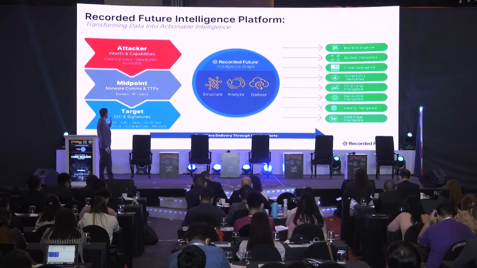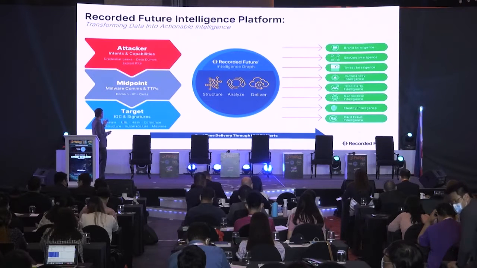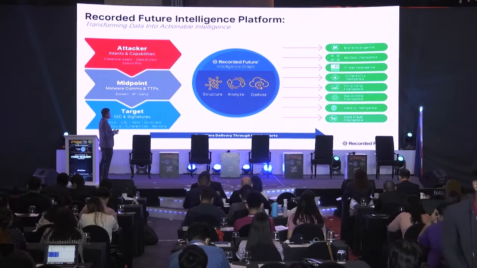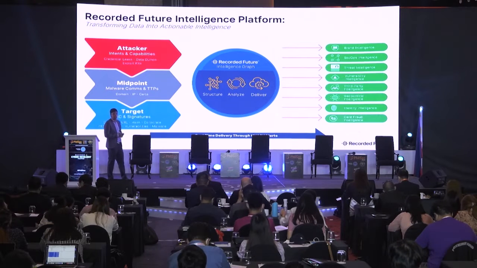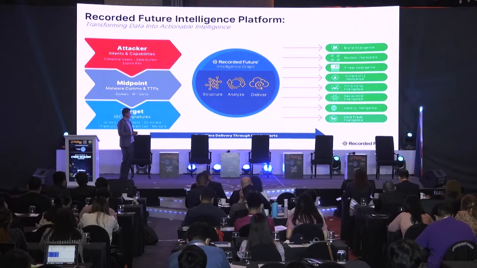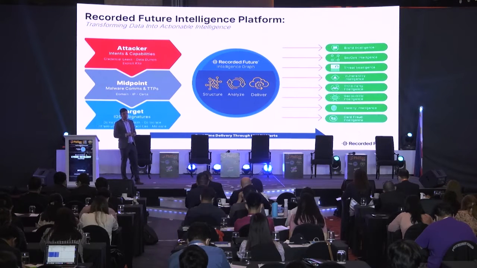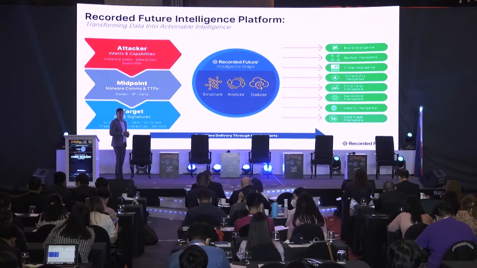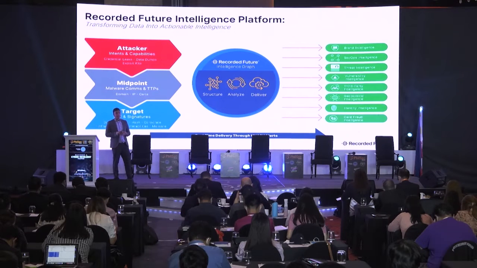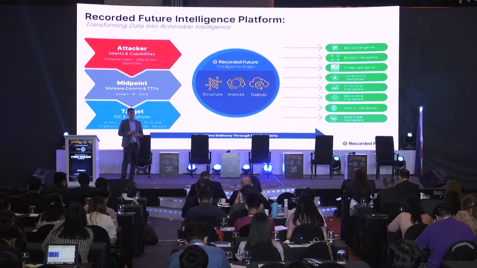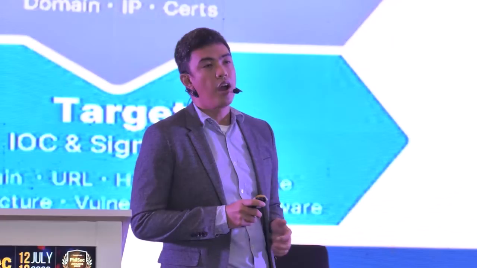This is structured and analyzed by our Recorded Future Intelligence Graph through machine learning, and eventually delivered through different use cases: through a portal, web, mobile, and, if you have an existing SIEM or any EDRs on your technology, it can be integrated using APIs.